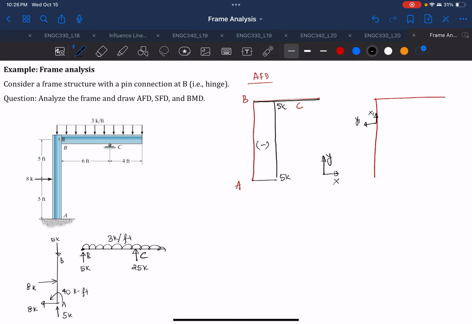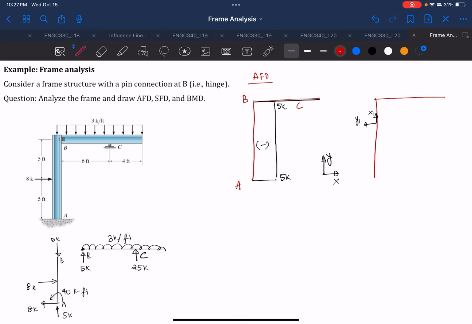So you can orient your local axis accordingly, but generally anything along the axis of the member we consider as the x-axis. So we'll consider this to be our local axis for the member AB.